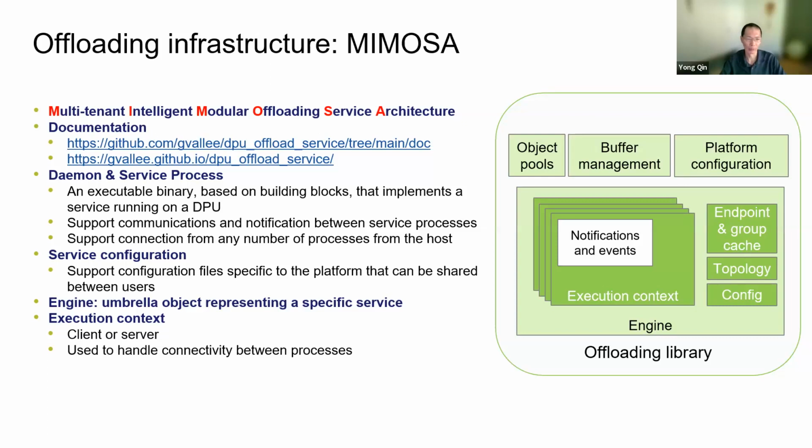This is completely implemented on top of UCX. The purpose of this is to synchronize both the host and the DPU, and to provide a communication abstraction layer between the two. So from the host, we can notify the DPU, okay, here's some work for you to do. And on the DPU side, after it's done its work, it can also tell the host, okay, I've done what you asked me to do, so you can progress this collective to the next step.